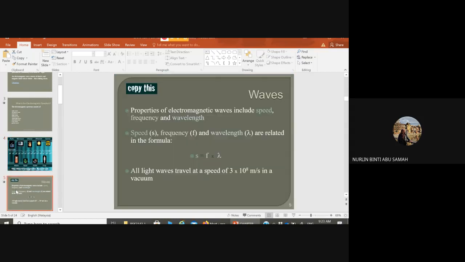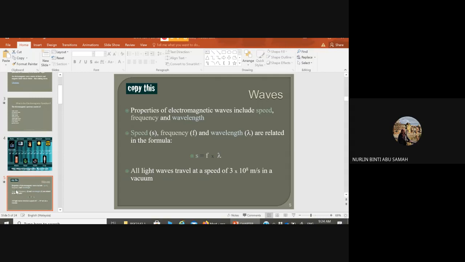Okay. So now let's look at the speed. Even though we have many kinds of wave like radio wave, ultraviolet waves, even gamma waves, gamma ray, all of that travels at a speed of 3 times 10 to the power of 8 meter per second in a vacuum.